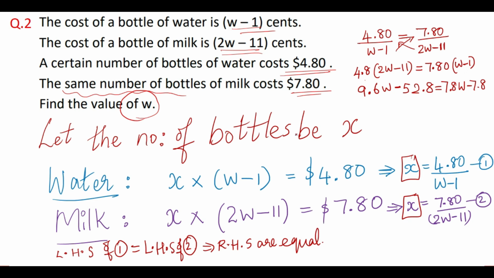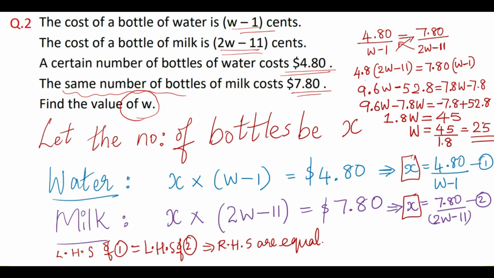Bringing the W terms to one side, I'll have 9.6W minus 7.8W equal to negative 7.8 plus 52.8. 1.8W equals 45. W is equal to 45 divided by 1.8, which is equal to 25. The final answer is that the value of W is equal to 25.